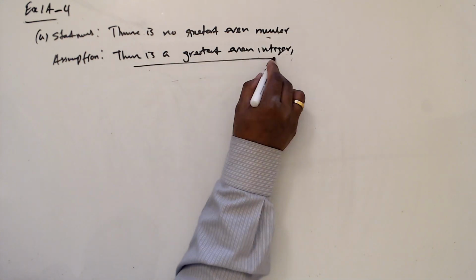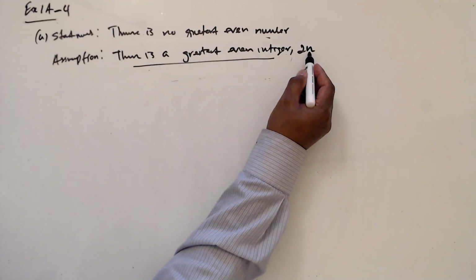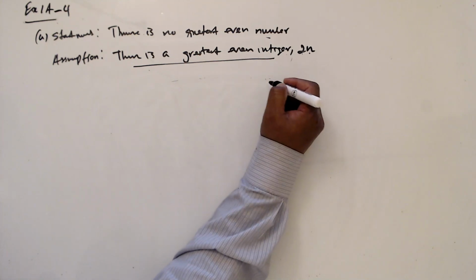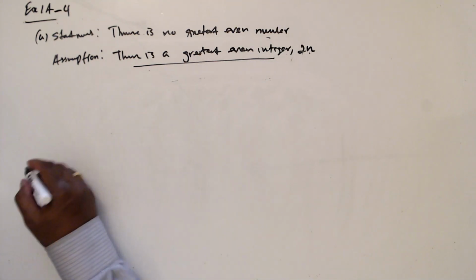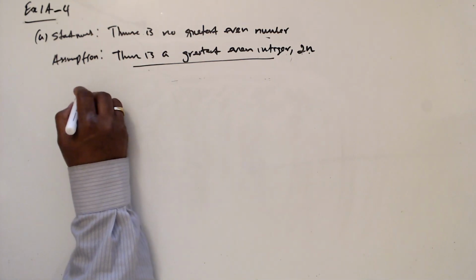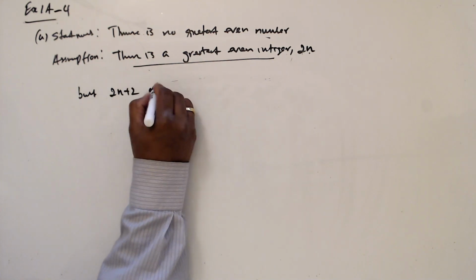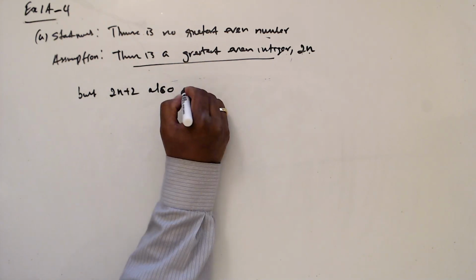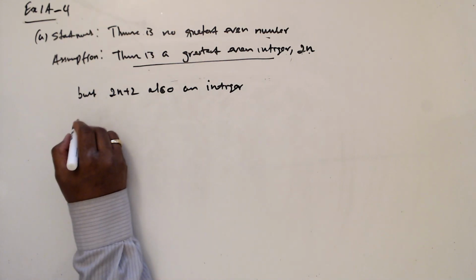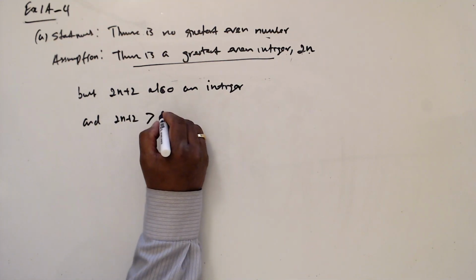There is a greatest even integer. Let's take 2n, and we know that whatever n is, odd or even, when you multiply by 2 it is even. Now we are adding 2 to this one, and 2n plus 2 is also an integer, and 2n plus 2 is greater than 2n.